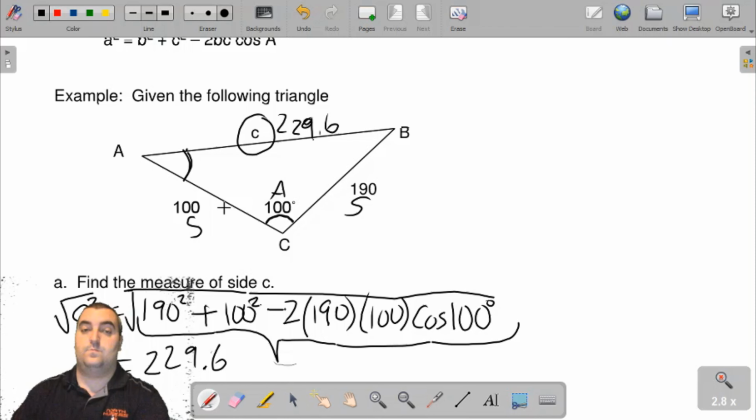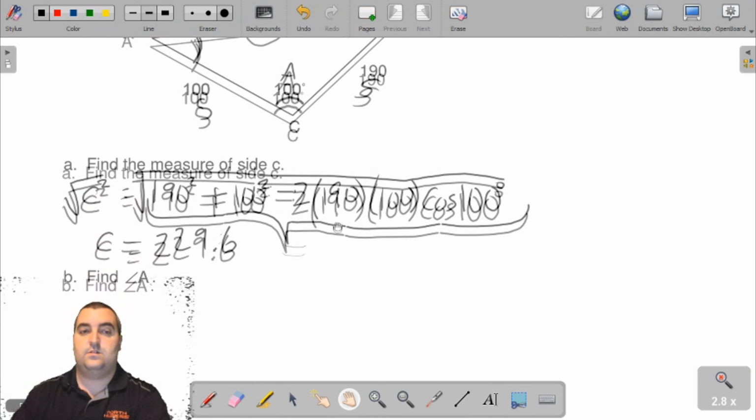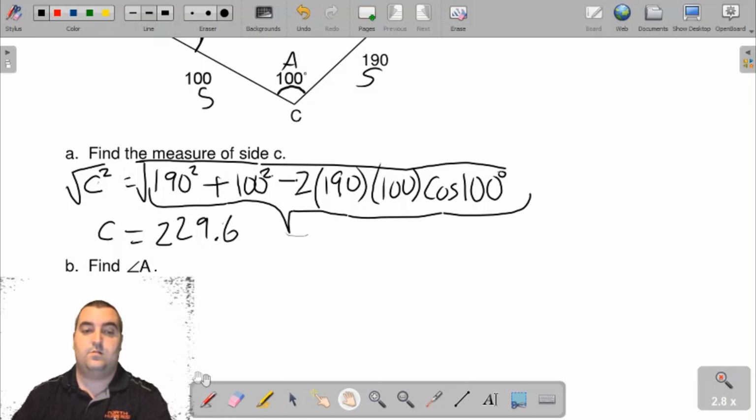Now, depending on how comfortable you are, you might be able to go to law of sines now, and that'd be a little quicker, but I do want to show you that you can also use law of cosines to find an angle. So let's go ahead and do that. Here, we're looking for angle A, so we're going to use the one that has cosine of A at the end.